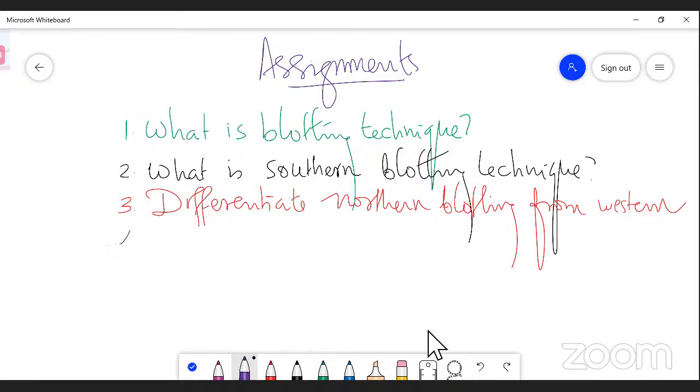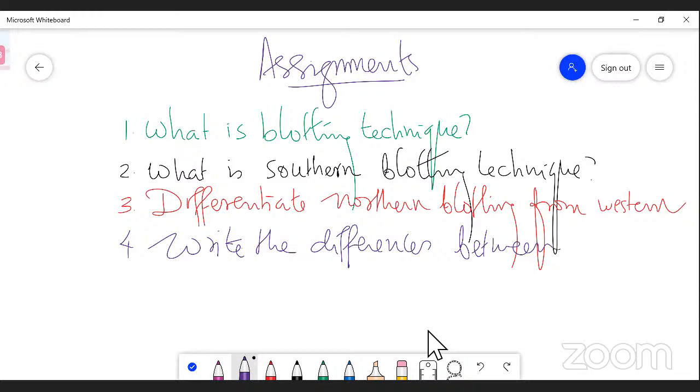And fourth one: write the differences between blotting techniques.